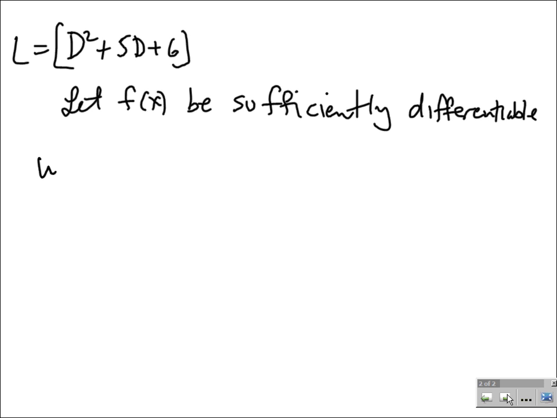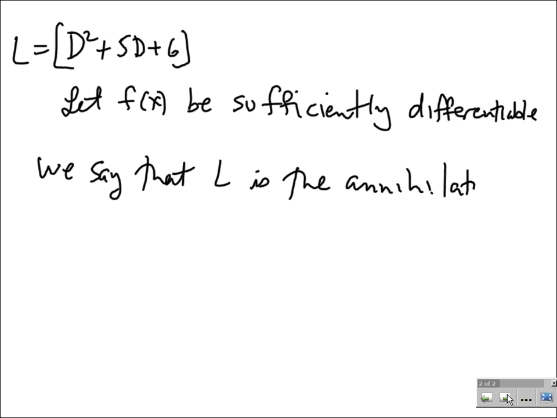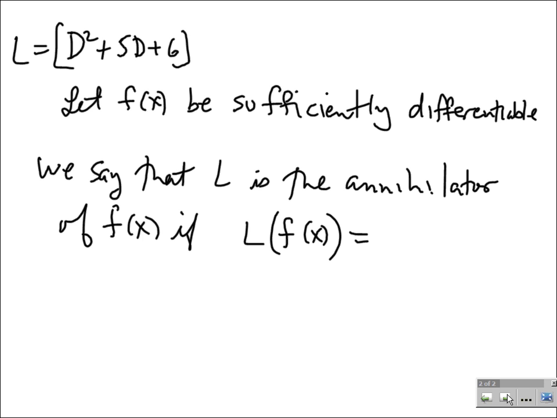Okay, we say that L, the linear operator, is the annihilator of f of x if you apply L to f of x and you get 0.